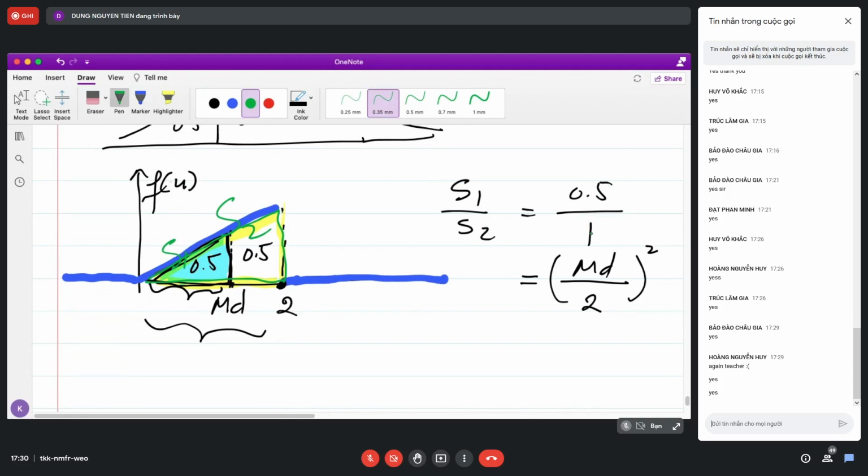And the ratio of the two areas is the square of the two sides. This side is MD. The longer one is 2. So you get (MD over 2) squared. Do you get it?